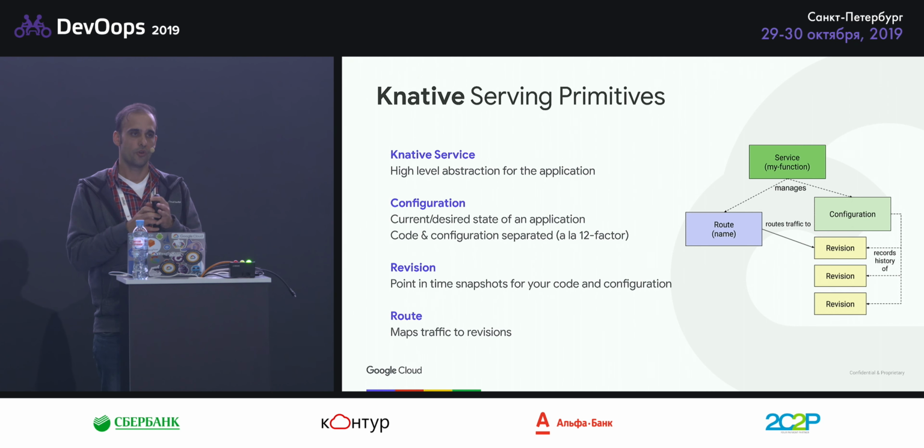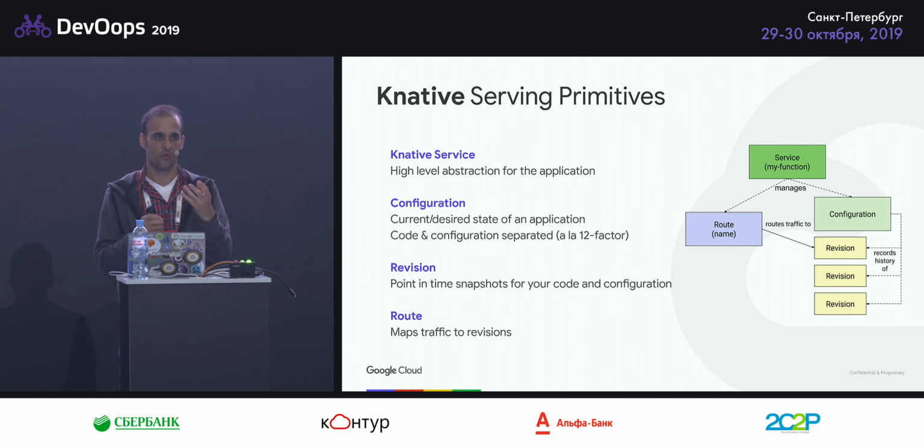Once you deploy your service and the configuration, Knative creates a revision. That's a snapshot of your service and configuration at one point in time. Once you have the revision, Knative also creates a route to point to that revision, so all the external traffic goes to that revision.